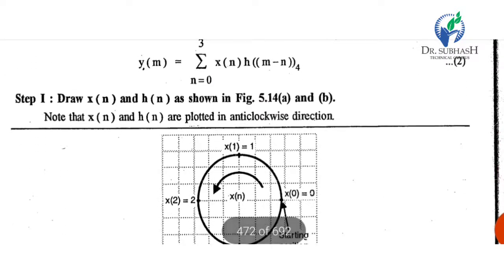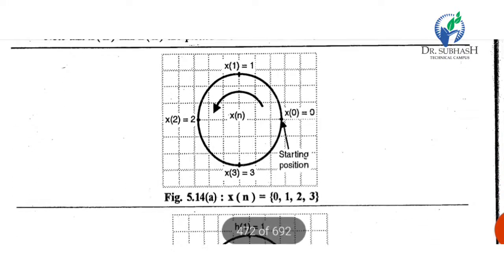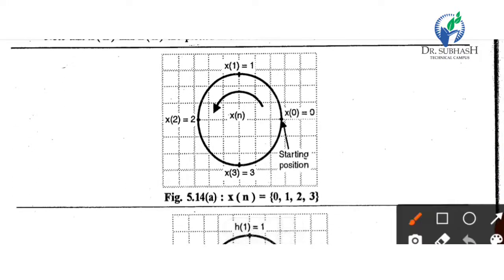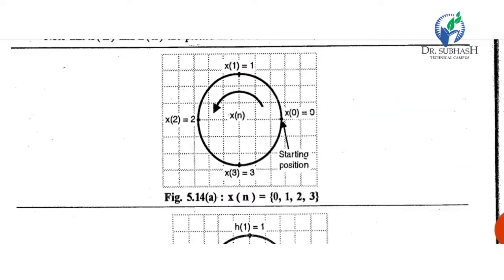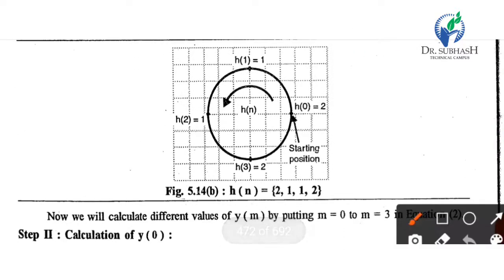Now we have to draw x of n and h of n. First we draw 0, 1, 2, 3, which is x of n, and 2, 1, 1, 2, which is h of n.